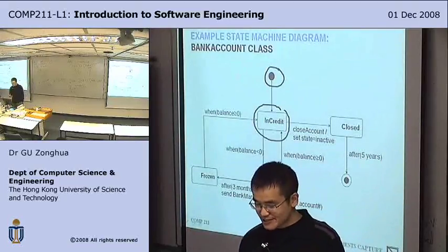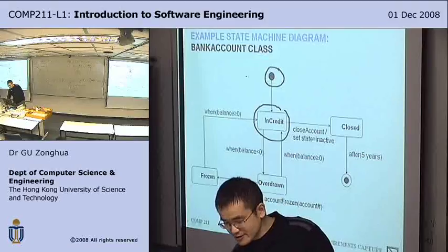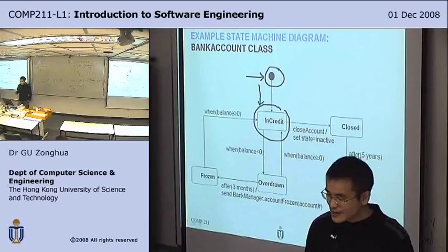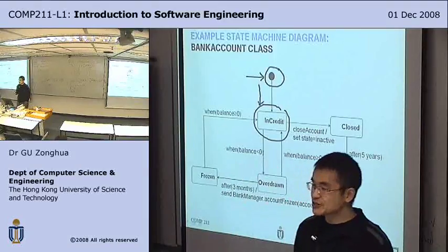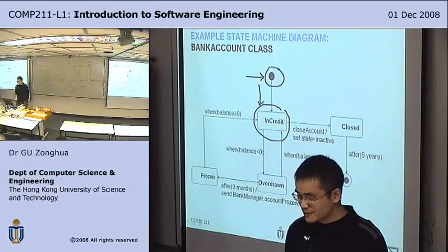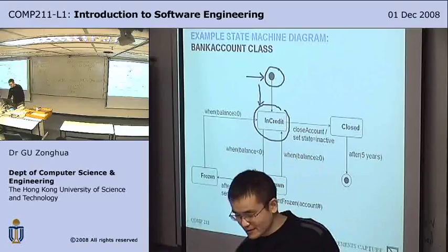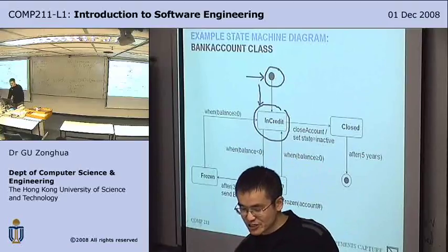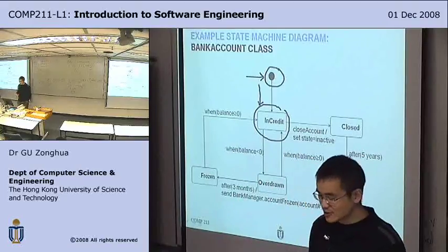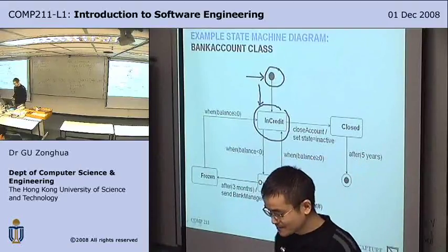Therefore, when an object is created, it goes into the initial state and then immediately goes into the in-credit state. So sometimes we say in-credit is the initial state. But to be very precise, you should say the black dot is the initial state, but it just doesn't stay there. It just goes into in-credit immediately.